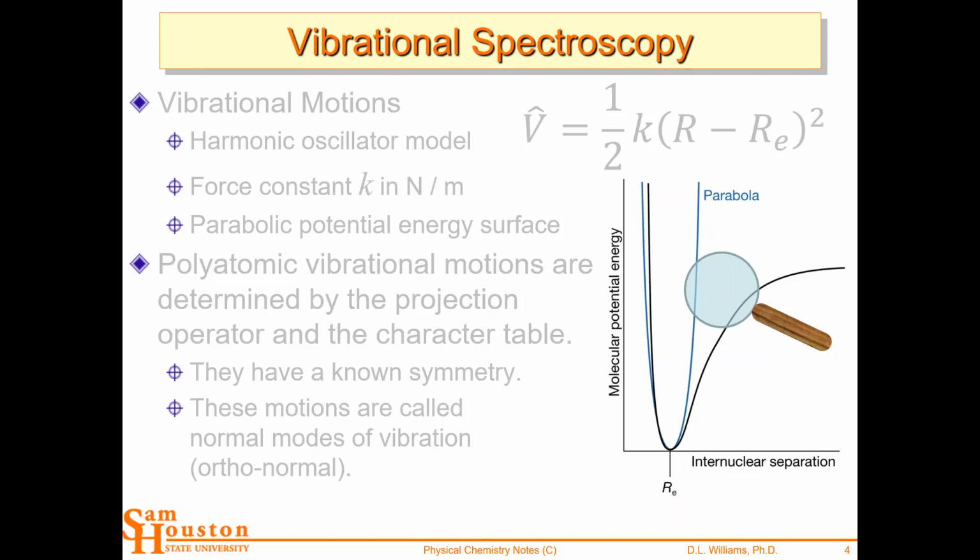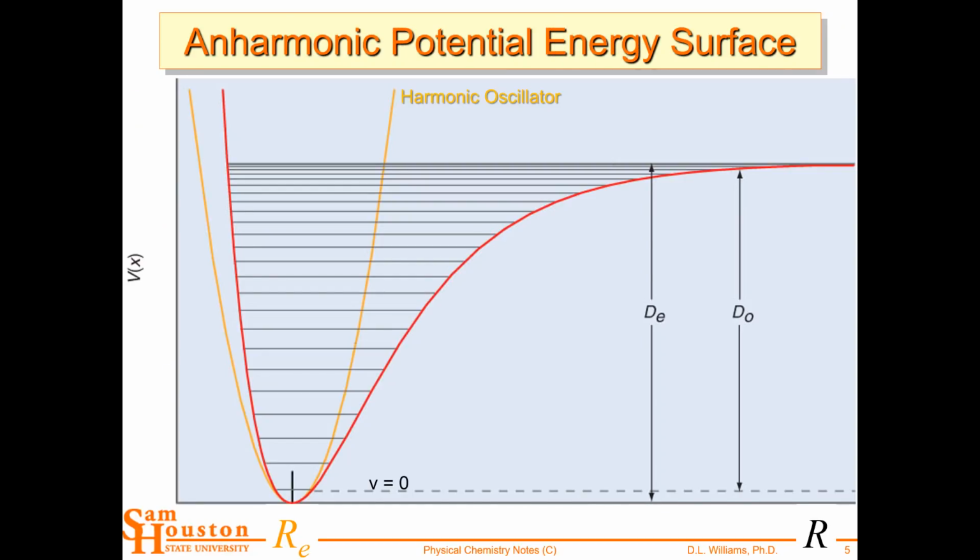So now let's look at this part of the curve. We've looked down at the bottom. Now let's look up here where the harmonic oscillator model and the more realistic model, the dissociative model or anharmonic model, diverge from each other. So here we have the energy levels pasted onto the anharmonic potential. And so all we do is we started with the harmonic oscillator, which has the same bond length all the way up, but we realized that's not what happens in nature.